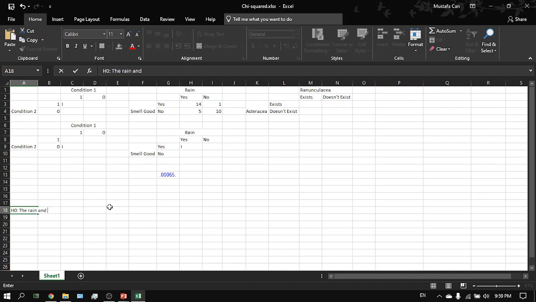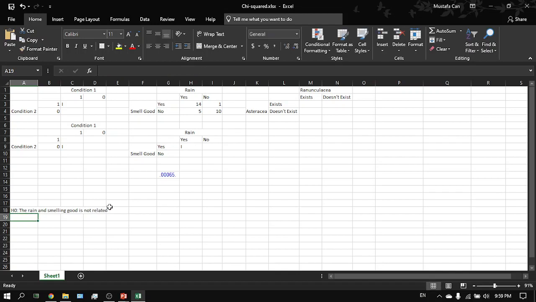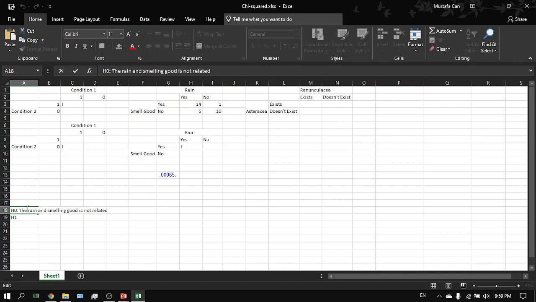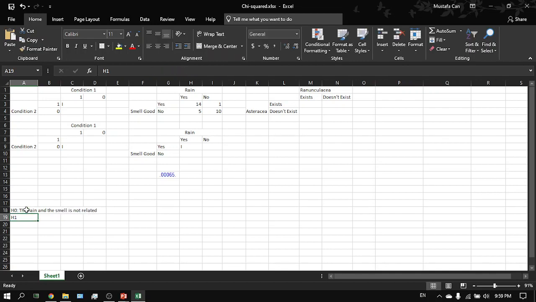The null hypothesis: the rain and the smell are not related. H1: the rain and the smell are related. So these are my hypotheses.